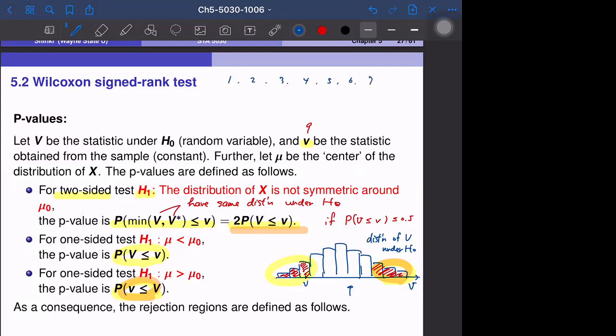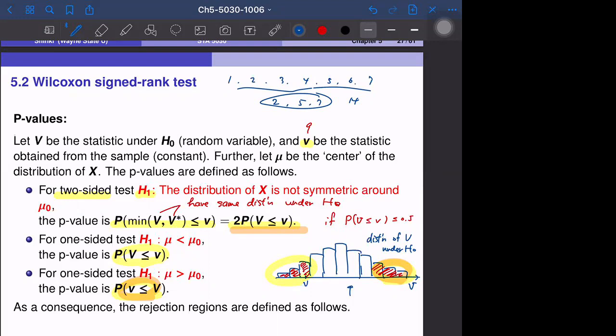negative signs. So basically we just choose several ones to assign to the positive side. For example, 2 and 5 and 7, then the total is 14. So we randomly select any number of observations, maybe 1 to 7 observations.